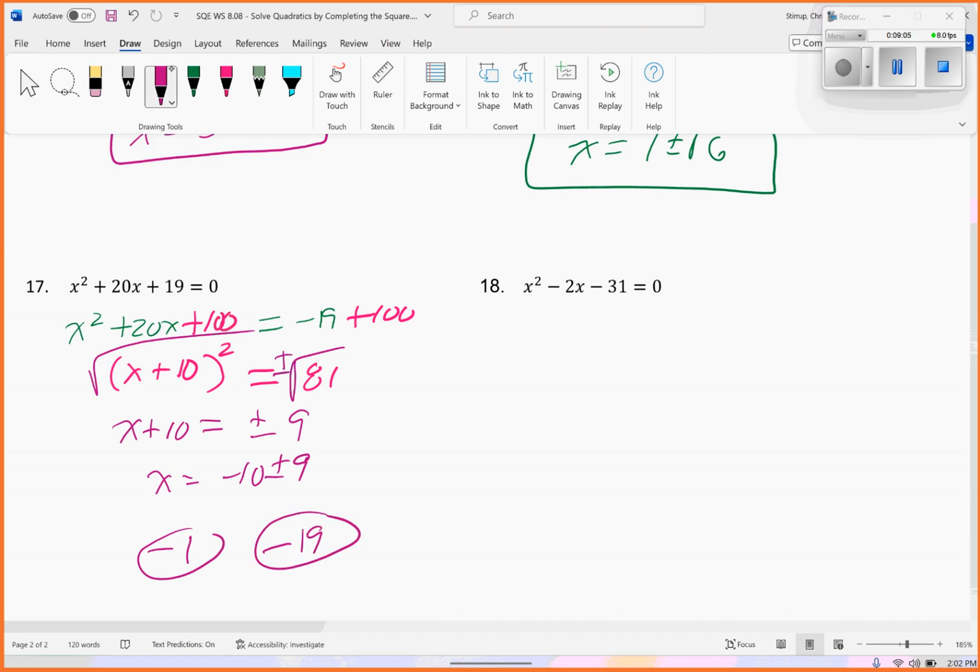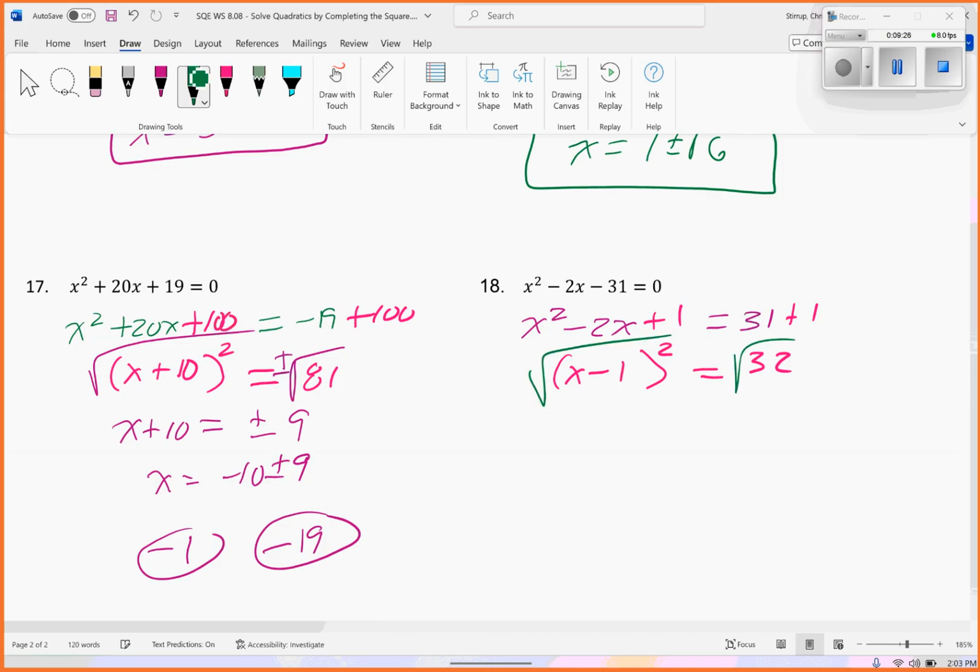And last but surely not least, add 31. Leave the space. Set up your parentheses. Middle sign comes down. Half of 2 is 1. 1 squared is 1. Root, don't forget plus minus.